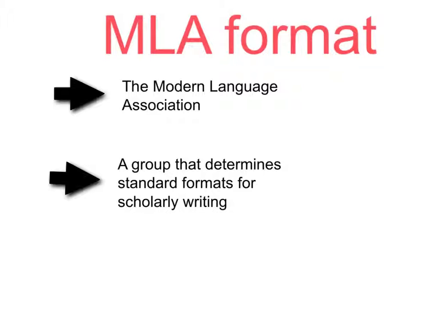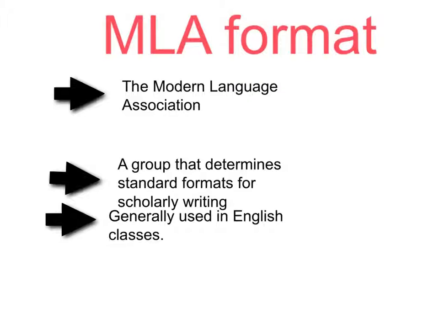MLA stands for the Modern Language Association. And the Modern Language Association is basically a group of people that come together and determine standard formats for scholarly writing. MLA format is generally used in English classes. So from now until you graduate high school, your English teachers will expect you to use MLA format.